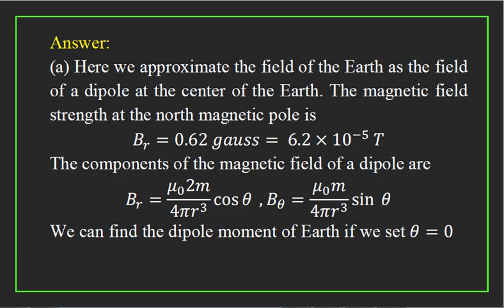Here the dipole is assumed to be lying along the north-south direction. So we can find the dipole moment of the Earth if we set the angle theta equal to 0 for the north pole, because the north pole is lying on the axis of the dipole. So putting theta equal to 0, we get Br, the magnetic field of the dipole at a distance r from it, as mu0 m by 2 pi r cube.